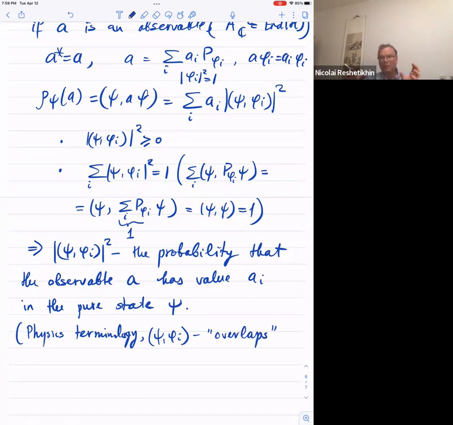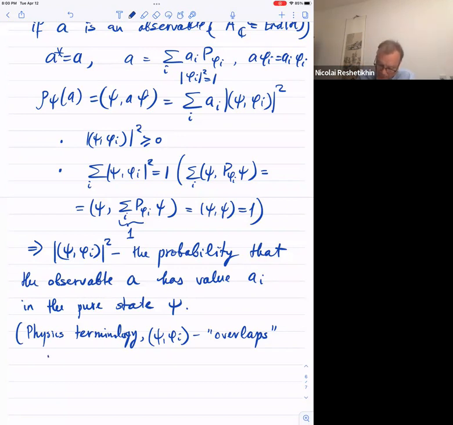Well, roughly speaking, if this is really a quantum mechanical particle in Rn, then this scalar product is supported only on the overlap of the supports of psi and phi. So if function psi is supported in one place and function phi is supported in the other place, then this scalar product is zero. So they have zero overlap.